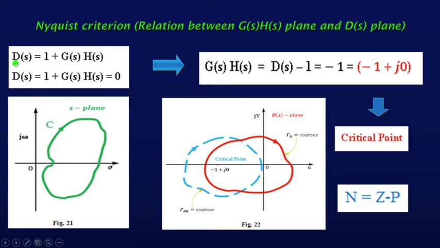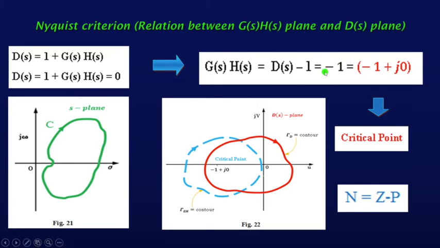Since DS equal to 1 plus GSHS, GSHS equal to DS minus 1.